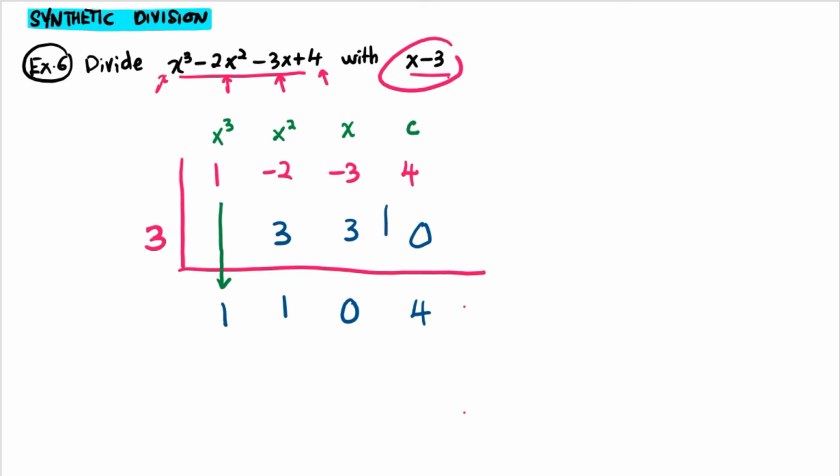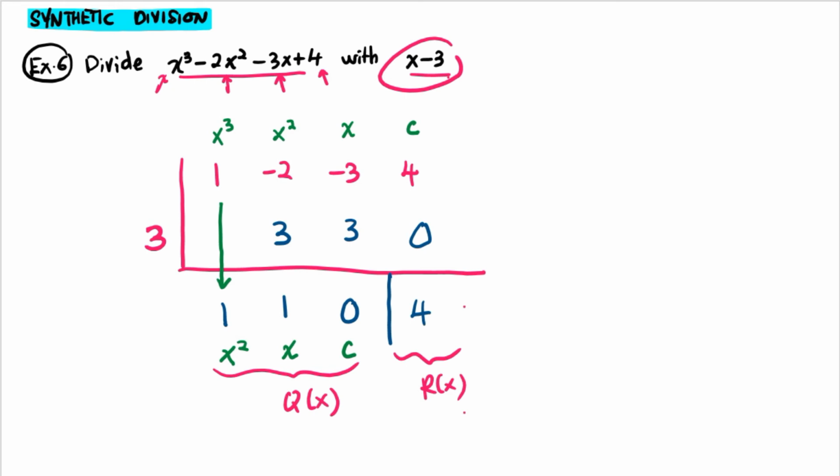Now I want to divide this part. Sorry, this part, because the last part is actually the remainder, and this part is actually the quotient. Each of these, this one is the coefficient of x squared, this one is the coefficient of x, this one is the coefficient of the constant.